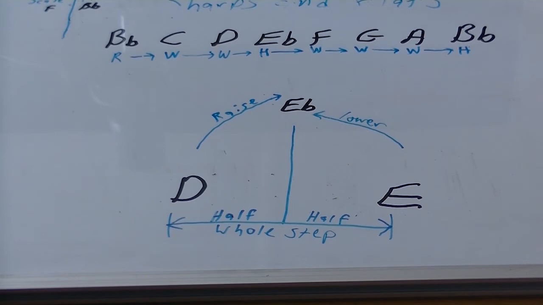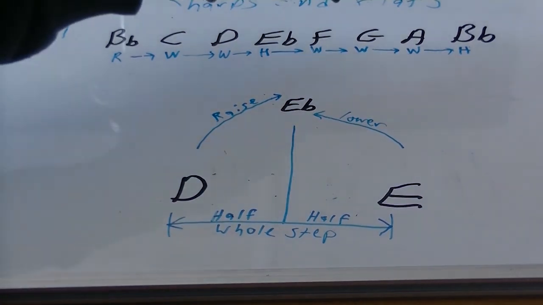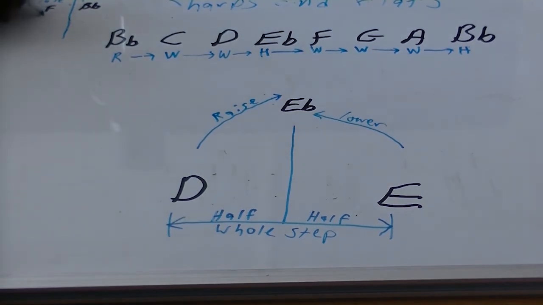And we can see that the B flat major scale contains two flat notes. However, one of those flat notes is the B flat note that we found in the F major scale. So we have the B flat note, and we also have the addition of the E flat note.